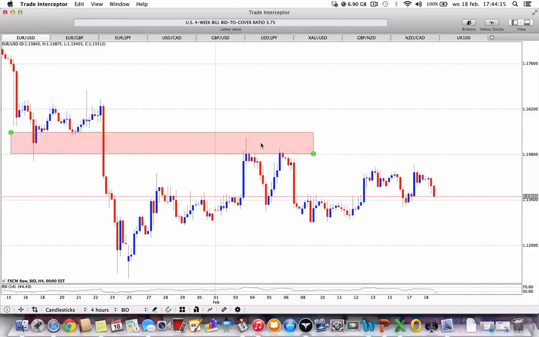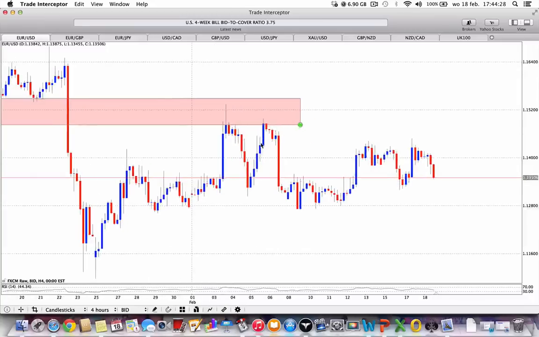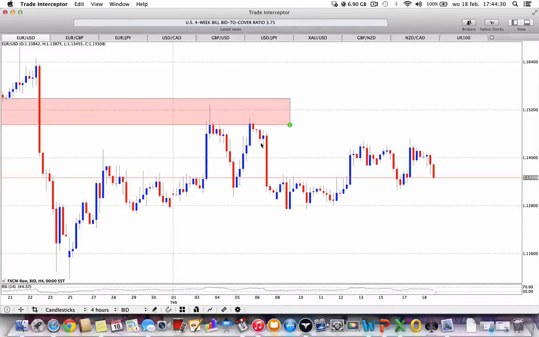When you have support and resistance on a 5-minute chart, it usually is being violated all the time. But when you have support and resistance on a daily chart, those levels are really key levels that don't get violated that often, but when they do, it's probably because of a big move or big news.